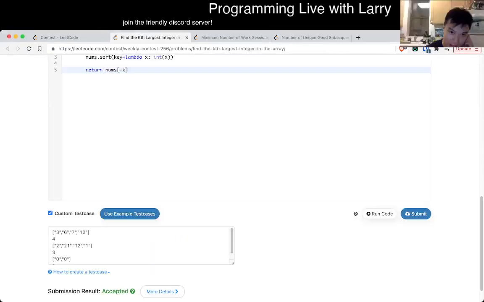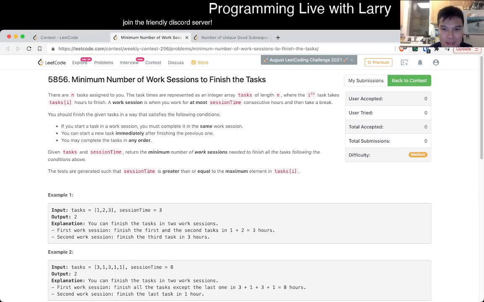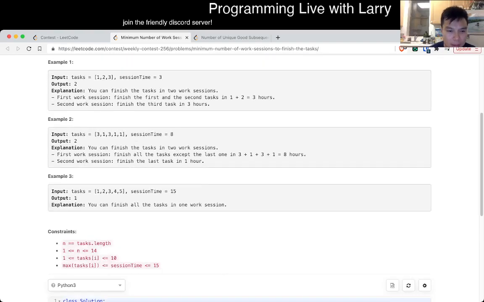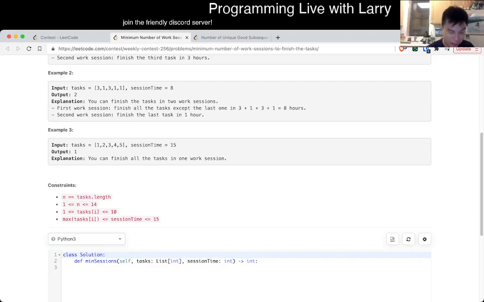Next. The dumb one for Python, but you take it whenever you can. And tasks. Okay, that's reasonable. Any order, okay. N is 14, that's the big one. And also less than 10. Okay.